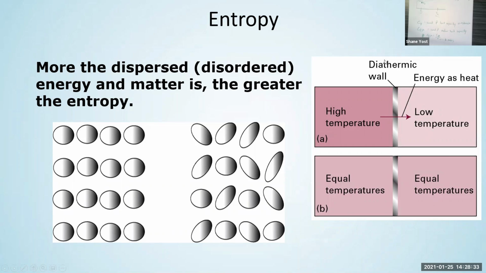The wall here is called diathermic, just because it allows the flow of energy between two sides. An adiabatic container does not allow energy to flow between them, doesn't allow heat to transfer. A diathermic wall, which is just anything that's not adiabatic, allows heat to transfer through.